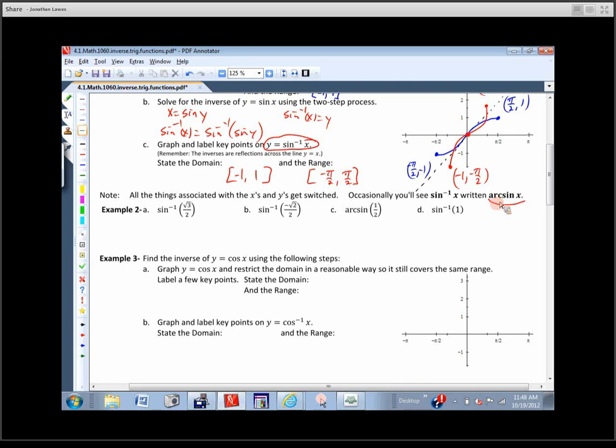So that's what arc sine or arc cosine or arc tangent means: inverse cosine, inverse tangent, whatever it happens to be. Any questions there? How often is that used now? You'll see it a fair amount, enough that you ought to be able to recognize it when you see it. Okay? Anything else? Okay.